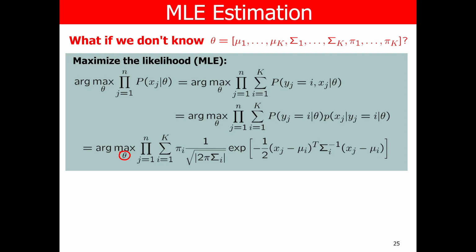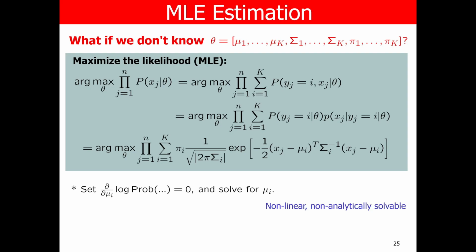How can we maximize this expression in theta? We could just calculate its derivatives with respect to the parameters and then try to find those parameters when this derivative is 0. This is very difficult because the equations are nonlinear and there is no closed form solution for these. A second way to maximize the log likelihood is to do a gradient ascent on it. This is doable, but it's often very slow.